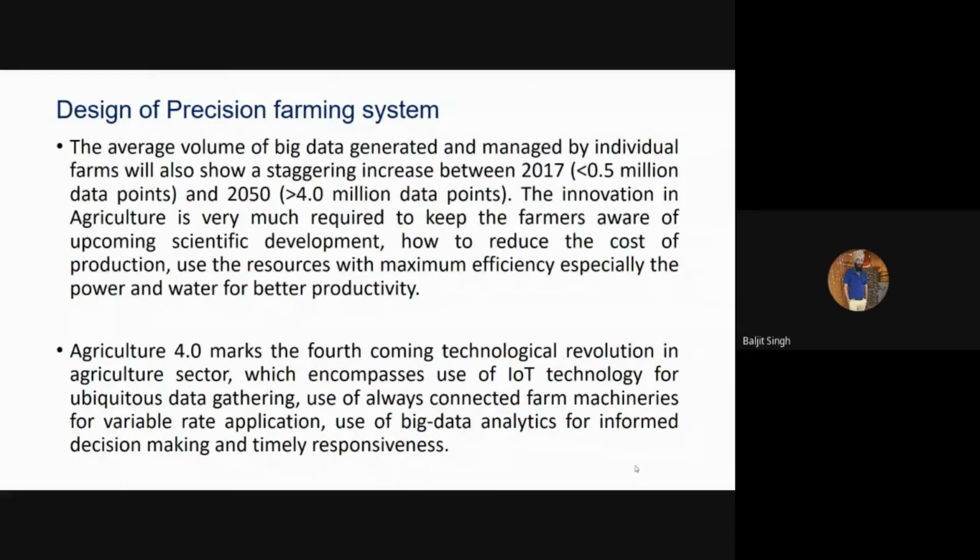Ubiquitous data gathering means all types of data, maybe regarding the water being irrigated, the soil, the weather, and other crop parameters like seed, all kinds of data. It also includes use of always-connected farm machineries for variable rate application, and use of big data analytics for informed decision making and timely responsiveness.